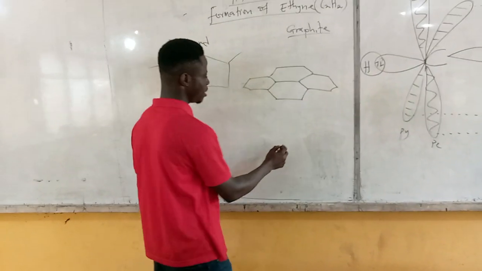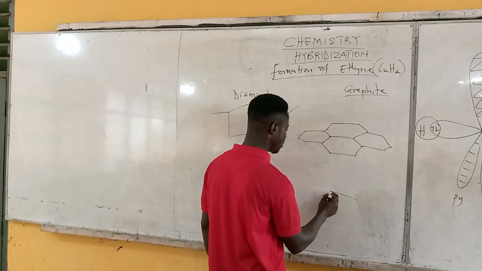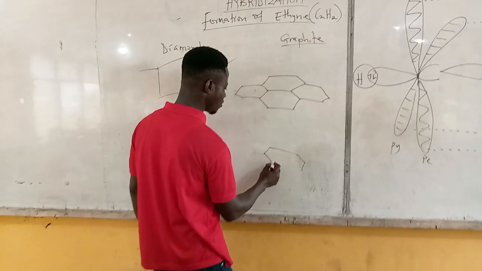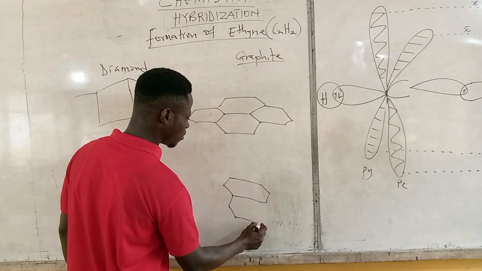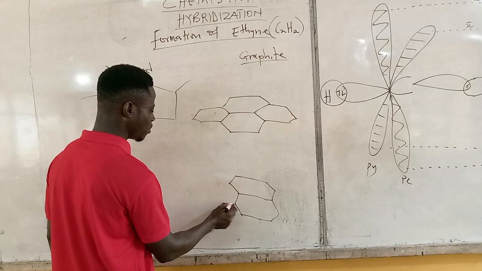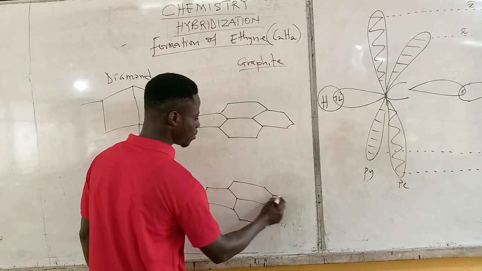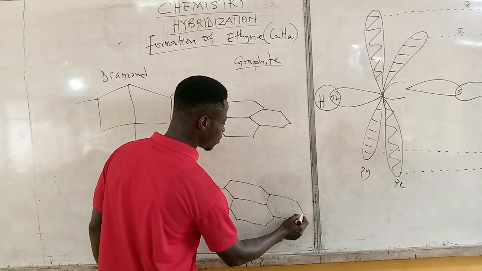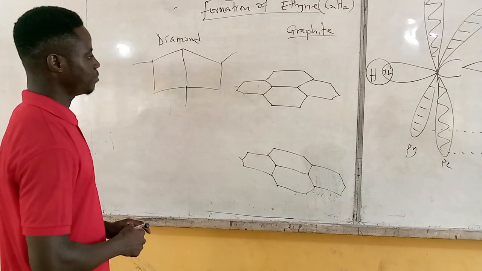Now this structure you are seeing, we have another one downwards like this, the same structure. So this is exactly what we are seeing.